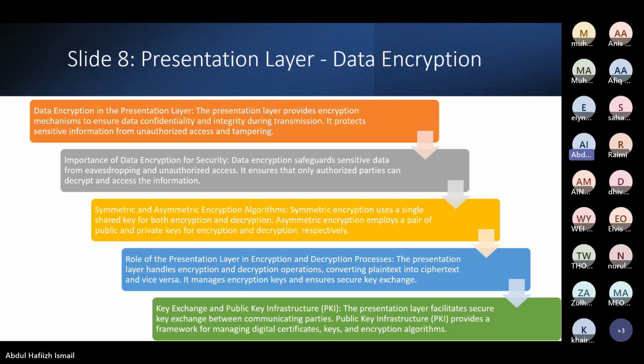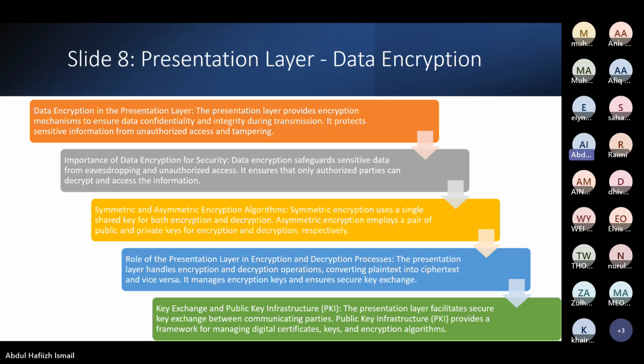So there are two primary types of encryption algorithms used in the presentation layer: symmetric encryption and asymmetric encryption. So symmetric encryption uses a single shared key for both the encryption and decryption process. So the same key is used to convert plain text into ciphertext, and vice versa.